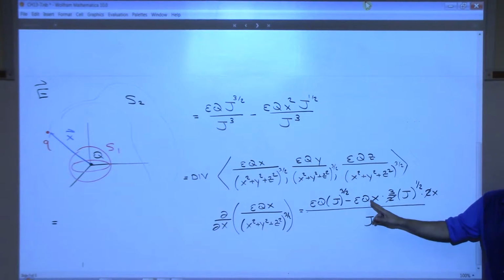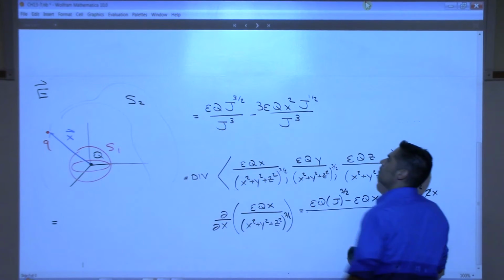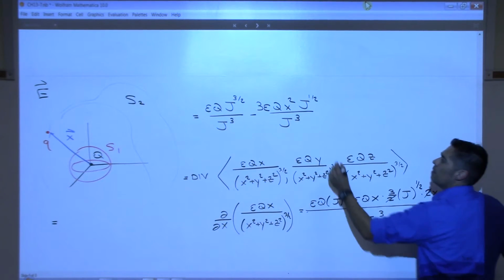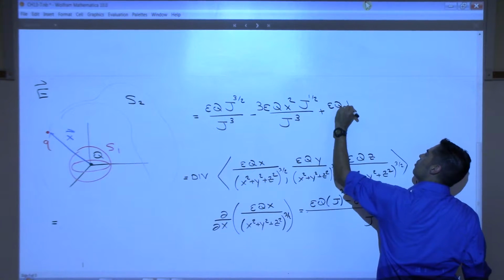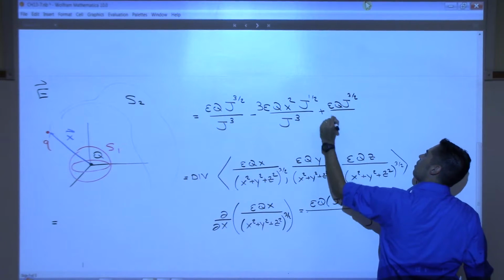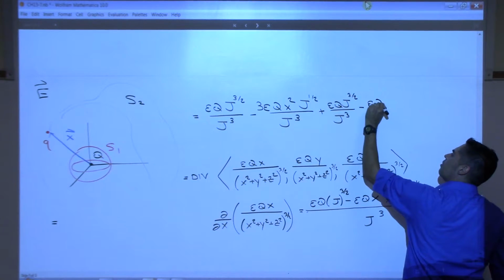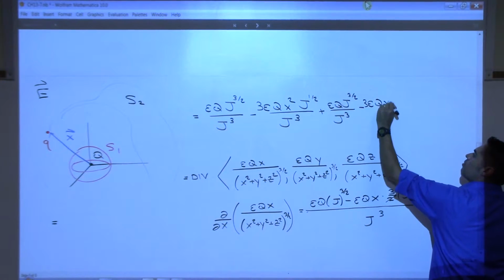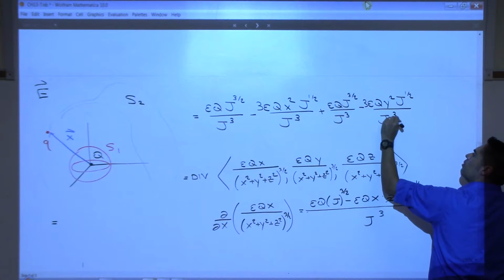You all seeing what I'm doing here? 3 epsilon. And then repeat that two more times. So plus epsilon q junk to the 3/2 over junk cubed minus 3 epsilon q y squared junk to the 1/2 over junk cubed.